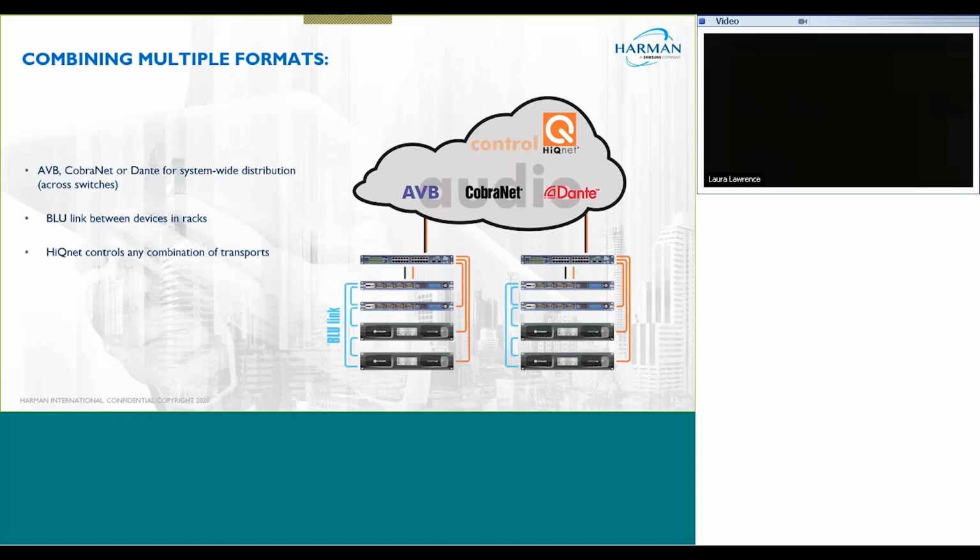Generally it's Dante, to be honest. Most of the time people use Dante on the existing infrastructure to pass the audio from IDF to IDF. And then in each IDF, there's a converter that converts the Dante traffic to BLU Link, and then it's just BLU Link in and out.